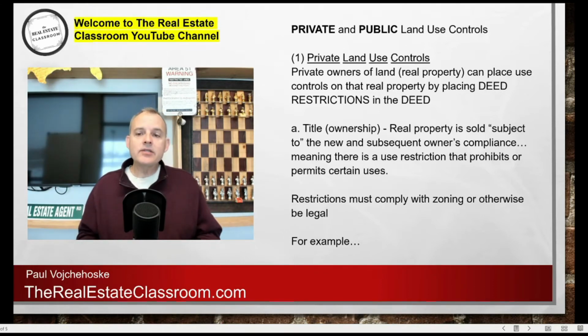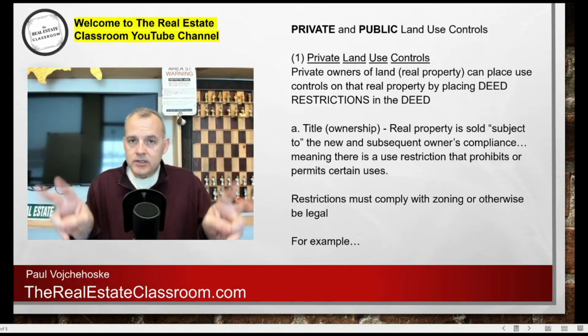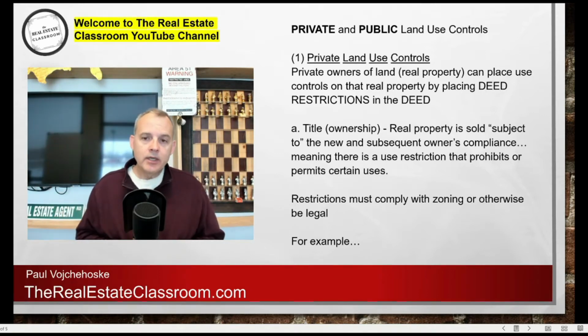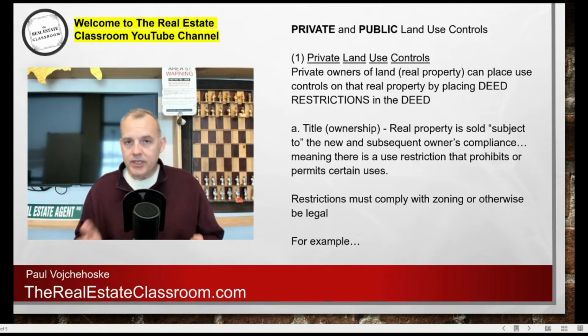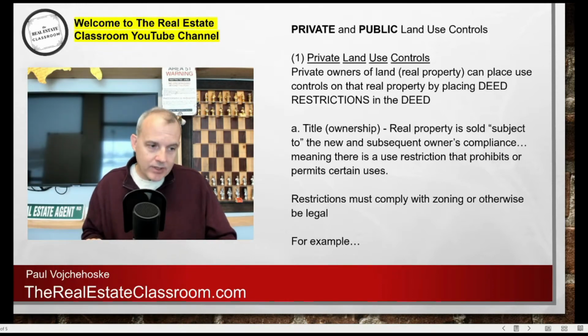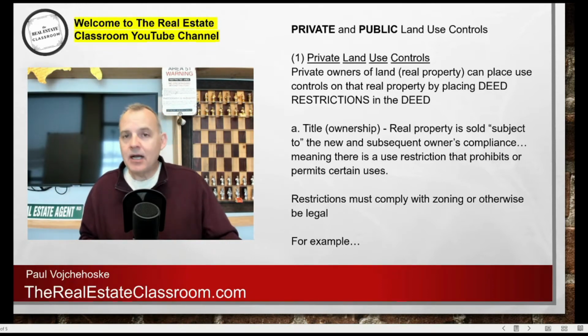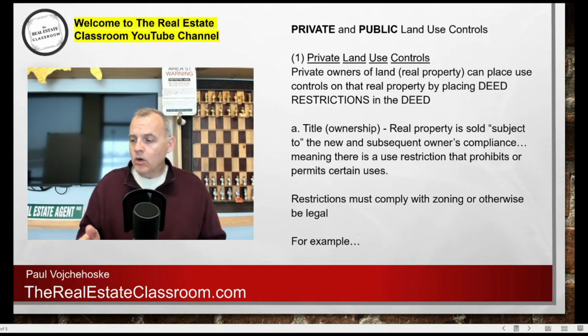And what it does is the new owner buying that property, or who holds title to that property, holds it what's called "subject to" compliance with that deed restriction. Now, deed restrictions must comply with zoning laws, and they can't be contrary to a law or a fair housing law or something like that.